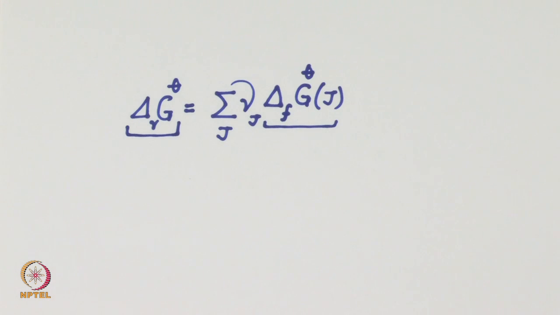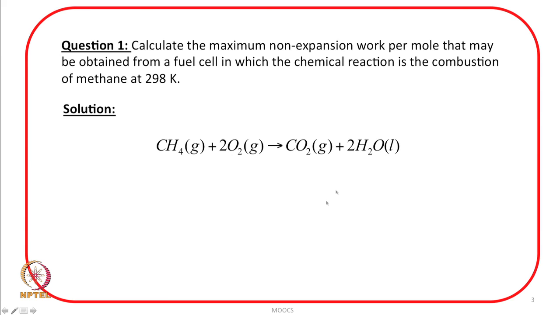So, therefore, for the given question here, I need to have information on free energy of formation of water, carbon dioxide, oxygen and methane. Oxygen is an element. So, immediately we can say that the free energy of formation of oxygen must be 0. Therefore, we need the data on free energy of formation of water, carbon dioxide and methane.